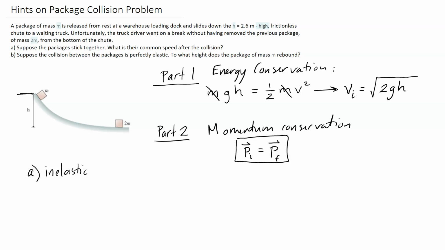So our initial momentum is going to look like m v initial, the same one that I already derived, plus the mass times the velocity of the second block, which of course is 0 because it's not moving, is equal to the combined mass times the final velocity. So that's the start to our inelastic collision momentum conservation problem, and that's a hint on how to get to the answer to part A.